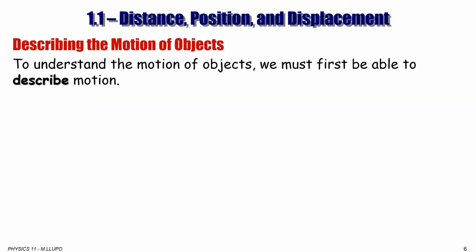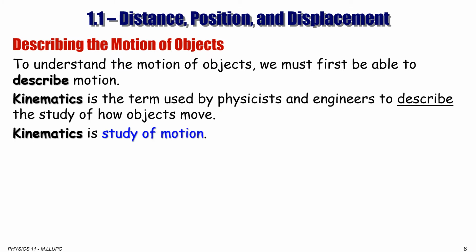In order to understand the motion of the objects, we must first be able to describe that motion. What happened in that situation? So kinematics is the term used by physicists and engineers to describe the study of how objects move. So it is a study of motion.